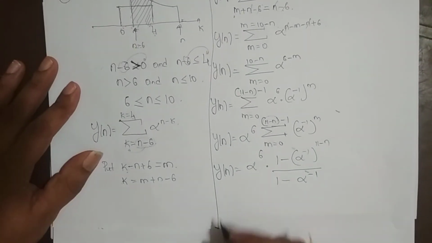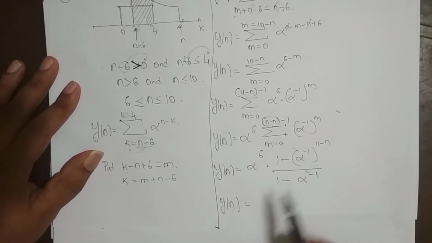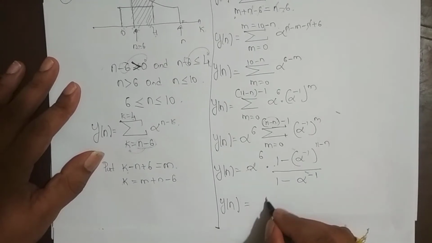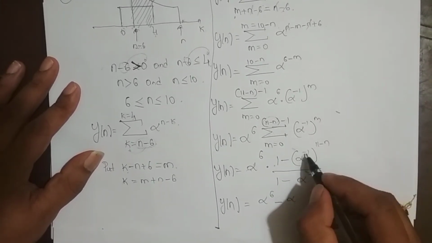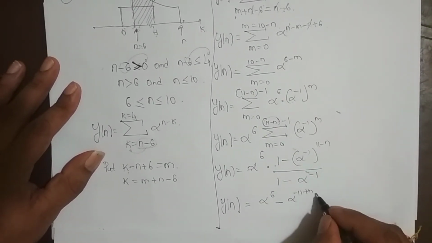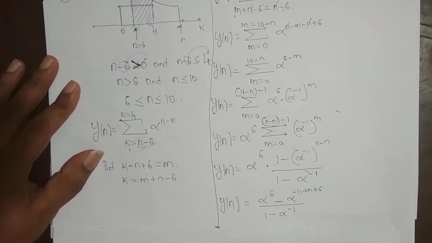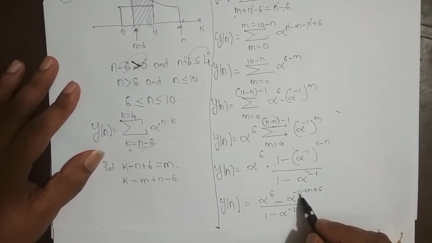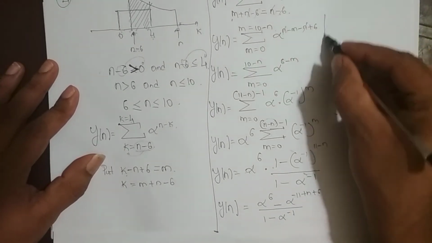Now y of n is equal to, I'll multiply this alpha power minus 6 to the other side. So 1 times alpha power 6 is alpha power 6 minus, this is nothing but alpha power minus 11 plus n, and this is 1 plus 6, right, divided by 1 minus alpha power minus 1. Now, minus 11 plus 6 is minus 5, so I'll write it here.